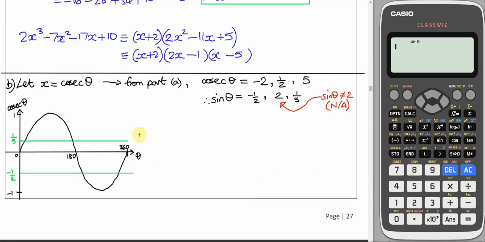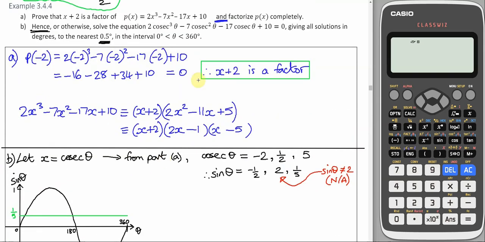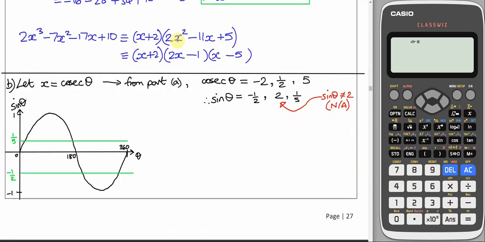Okay, I've drawn a quick sketch, and I've labelled it cosec theta, it isn't, it's sine theta. That's a quick sketch of sine theta between 0 and 360, that's what the question said. Notice we're in degrees as well, so calculator, double check that you've got D on your screen.